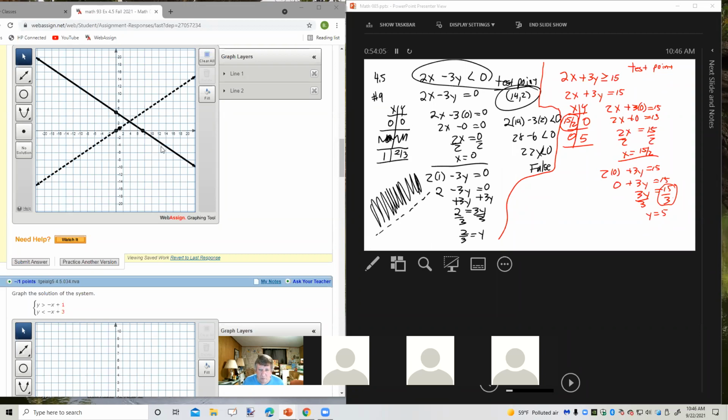Line 1 was this dotted line here. Is that the one you want? No, I mean line 2. Okay, line 2. Now, do you mean 15 halves? Yeah. Okay, so go ahead and ask the question again. What about 15 halves? Because you know how you got 15/3 on the red over right here? Yeah, right there. So you would put 15/3 on the graph, or you would put 15/2.